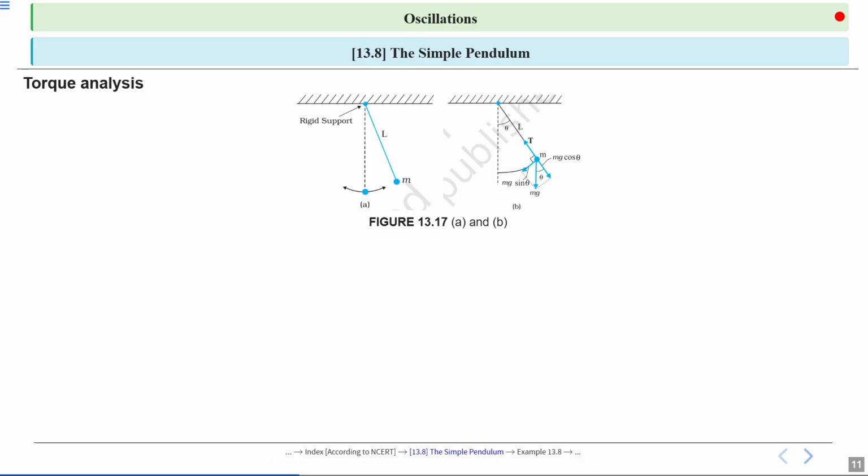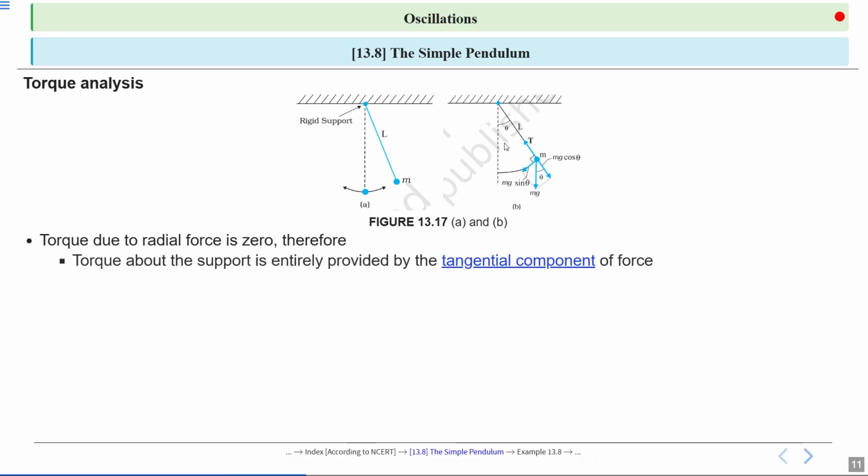Now, torque due to radial force is 0. Therefore, torque about the support is entirely provided by the tangential component of the force.